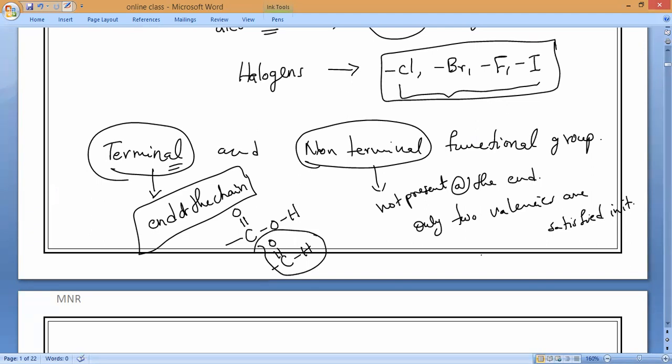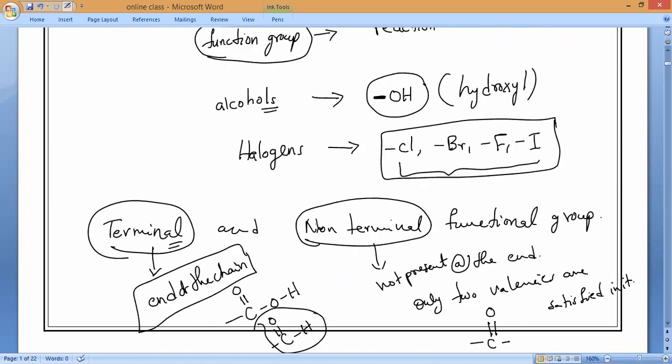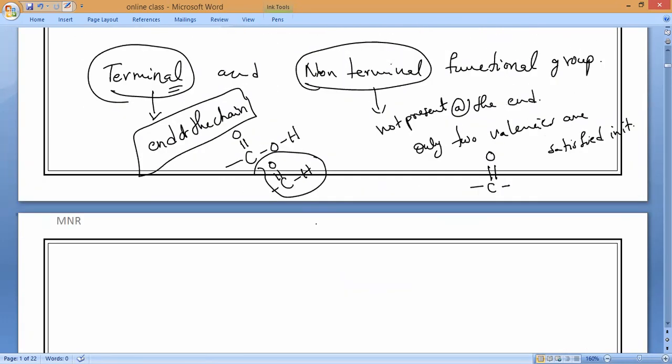Now coming to here, in the middle we will find that only two bonds are satisfied. Two valencies are still remaining. That is what we call non-terminal. The functional groups given in our textbook, most of them are terminal functional groups only, and ketone alone is the exception.